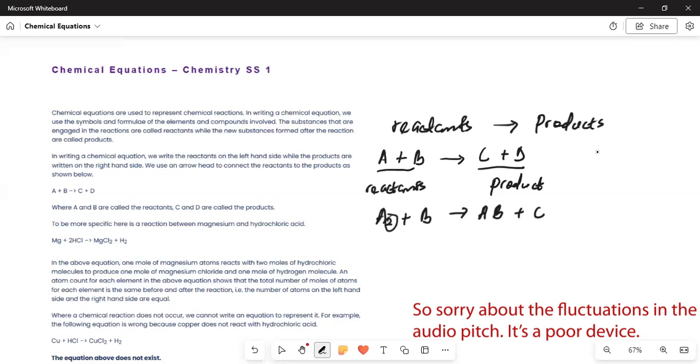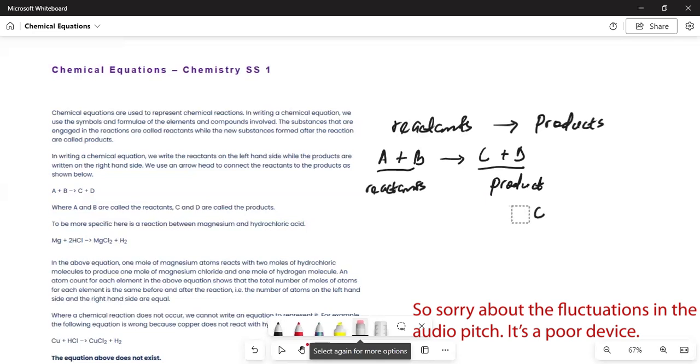So as long as the number of atoms on the left does not agree with the number of atoms on the right, it means the equation is not balanced. It implies atoms have been created or destroyed. So for that reason, whenever a chemical equation is written, we do an atom count to ensure that the number of atoms on the left is equal to the number of atoms on the right.